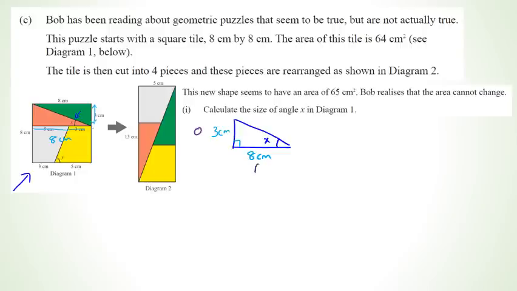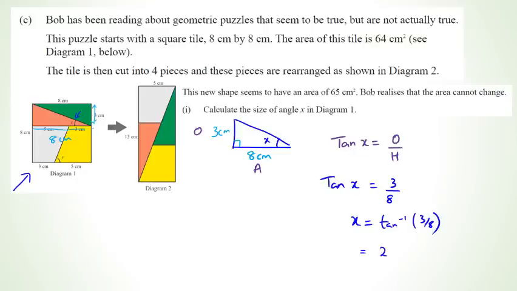You have opposite, you have adjacent, so you're going to use tan of X is equal to opposite over hypotenuse. So this could be written as tan X equals 3 over 8. So X is equal to inverse tan of 3 over 8, which should give you 20.56 degrees. This is worth an achieved.